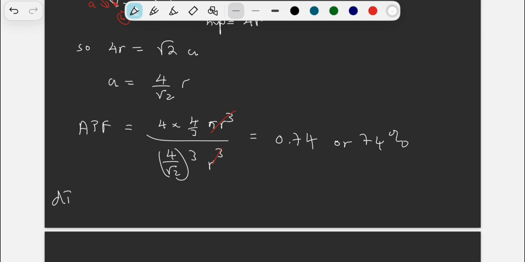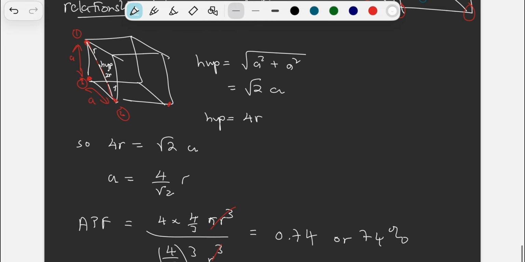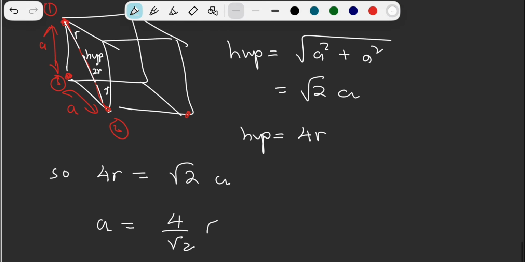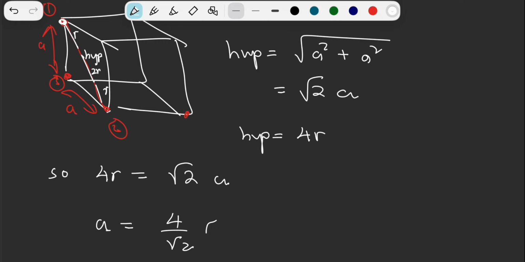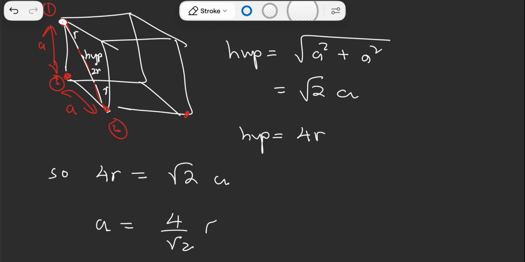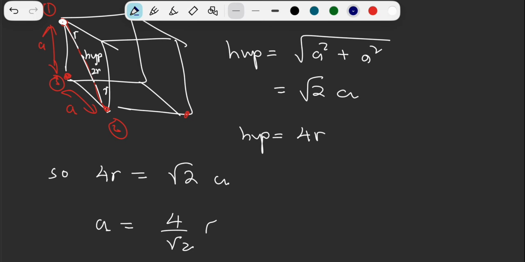One thing that I left out is the distance between adjacent atom centers. Some questions can ask you for the distance between adjacent atom centers. In this case, you can realize that one atom center was over here, which was R, and the other atom was in the middle, over here.